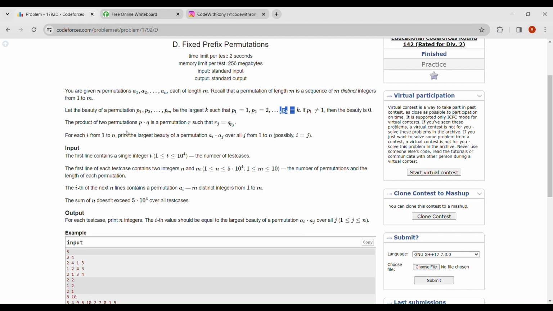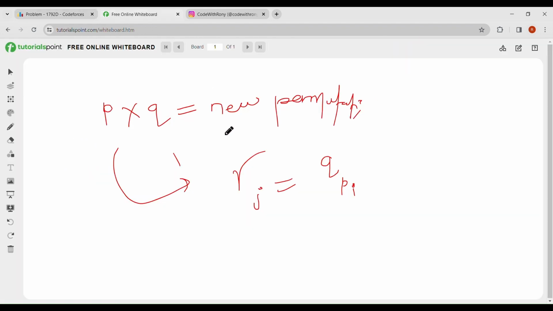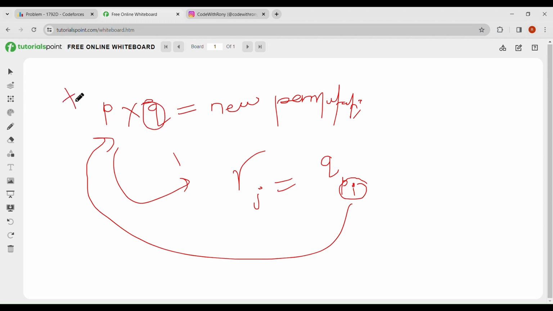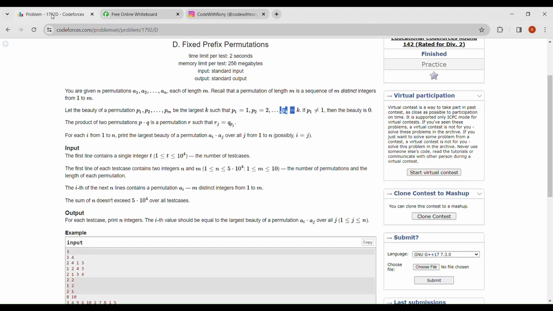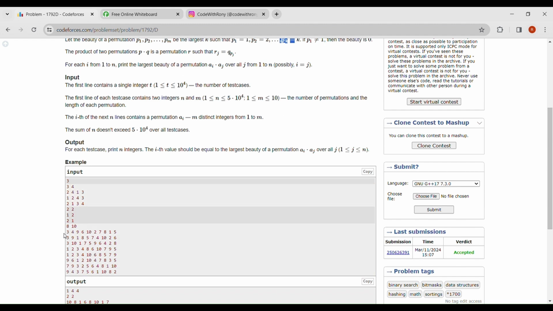For each i from 1 to n, you can choose this p_i, and i can equal j also, so p into p is also allowed. We need to choose such a p that gives the maximum value. So for every i from 1 to n, we need to find the maximum beauty, and print the output accordingly.